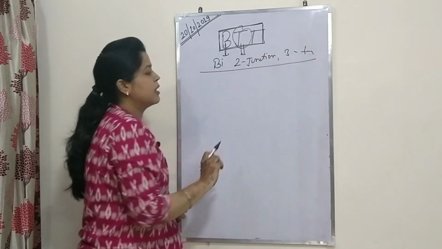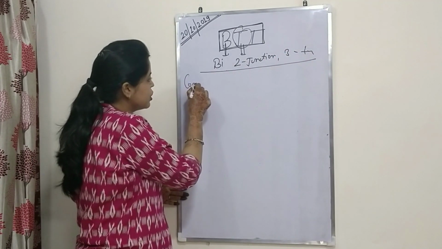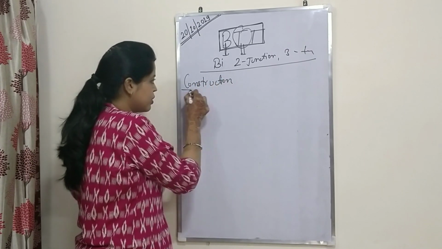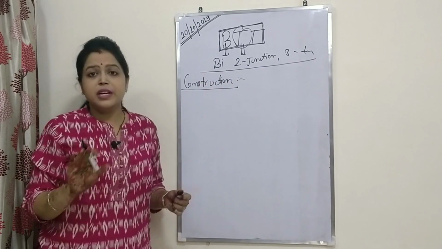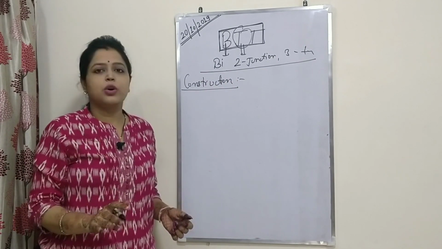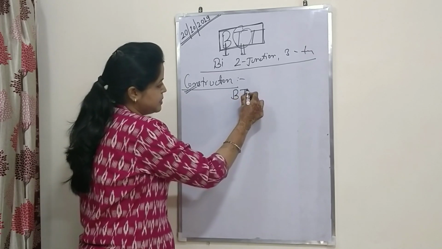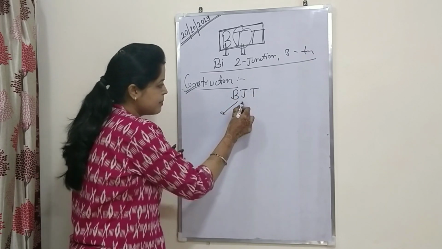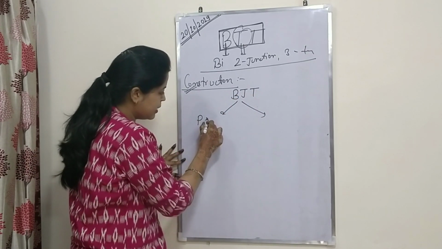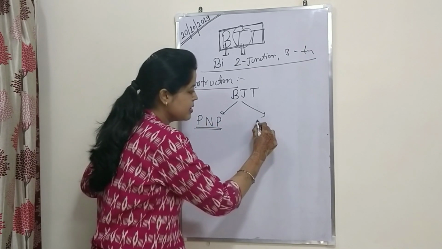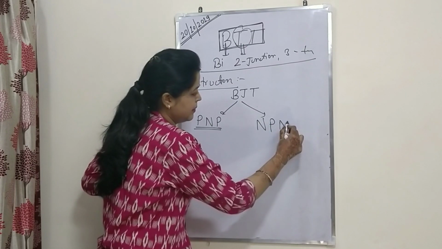Now the next thing, the construction of BJT. What will be the proper construction of the BJT? BJT is basically categorized on the basis of its construction into two types. The first type is said to be PNP transistor, while the other one is NPN.